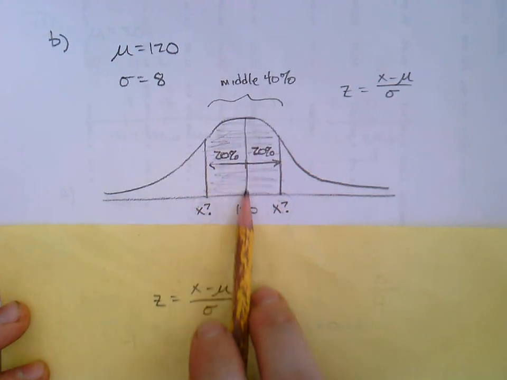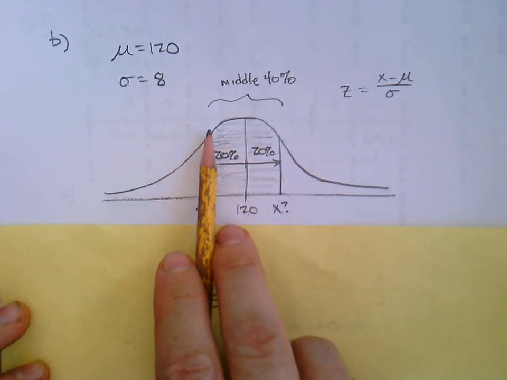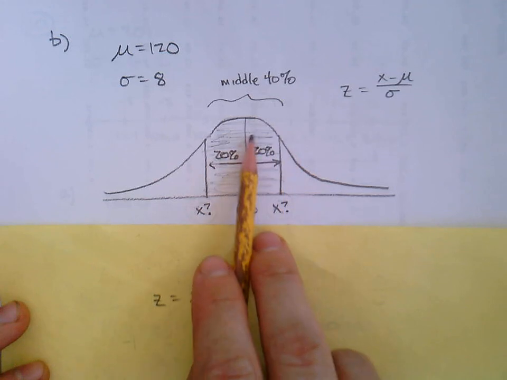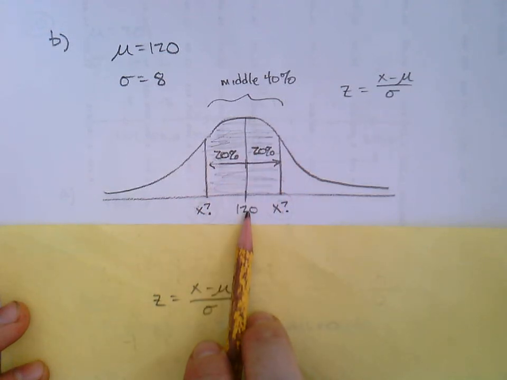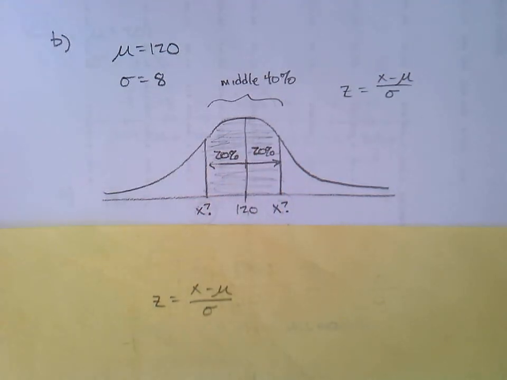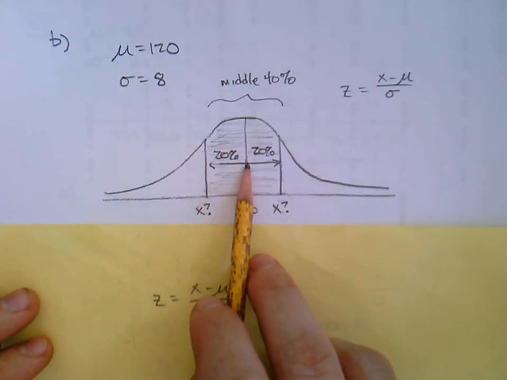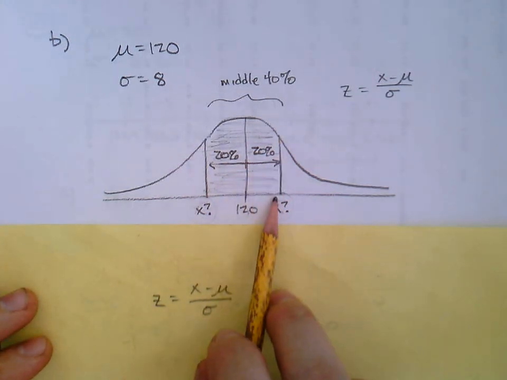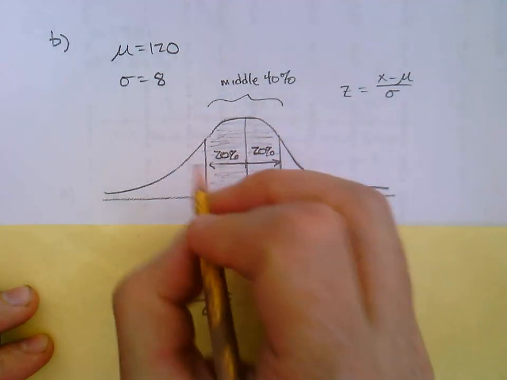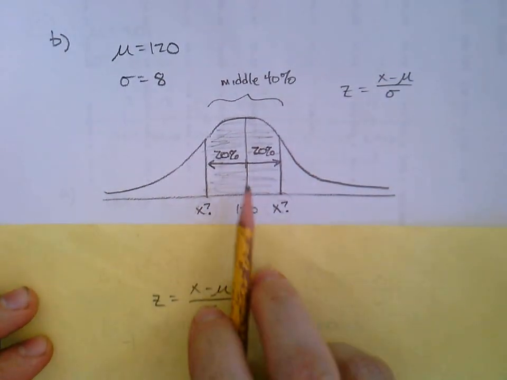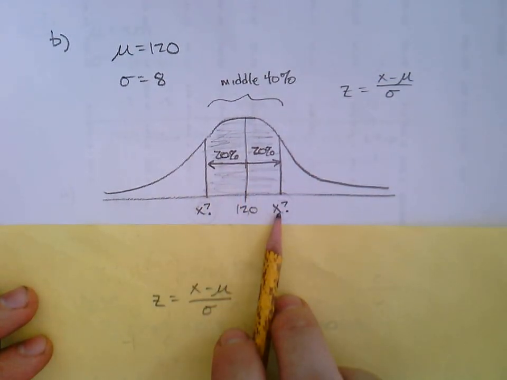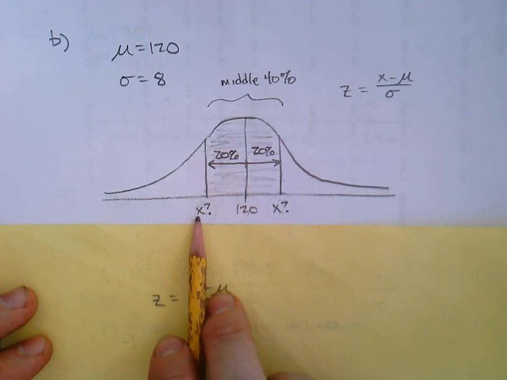So we got 120 at the middle. The 40% straddles the bell curve. So that means we're going 20% this direction and 20% this direction. This is the upper reading for the middle 40%. This is the lower reading for the middle 40%.